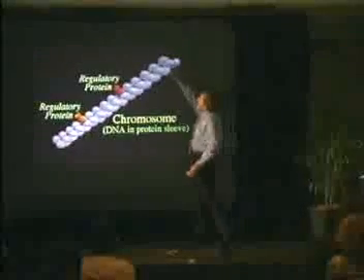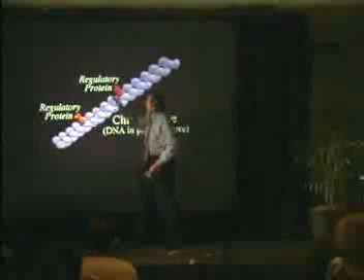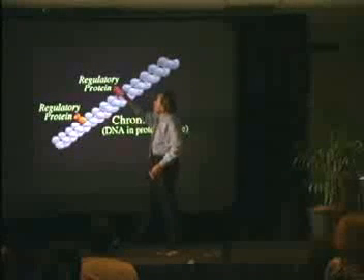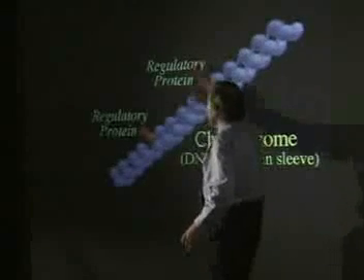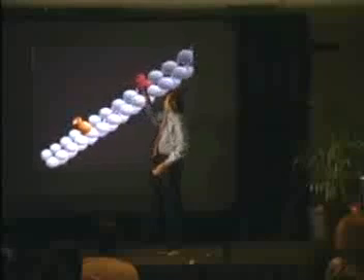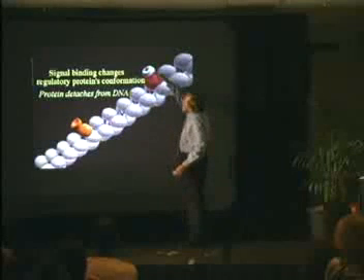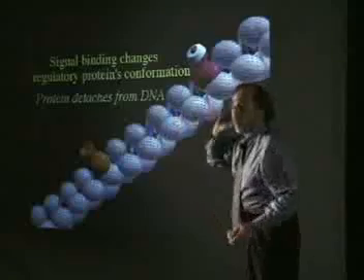But the DNA is covered up by a sleeve of protein. And at periodic points, at every gene, there's a control protein called a regulatory protein. And you know what happens? The signal from the environment binds to the right gene by the shape. It doesn't bind to this one, wrong shape.